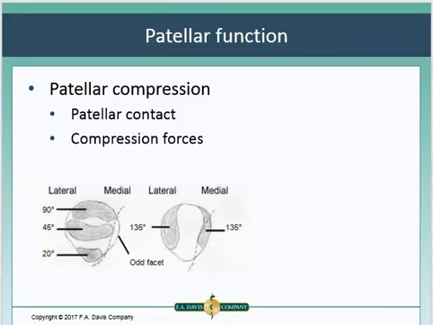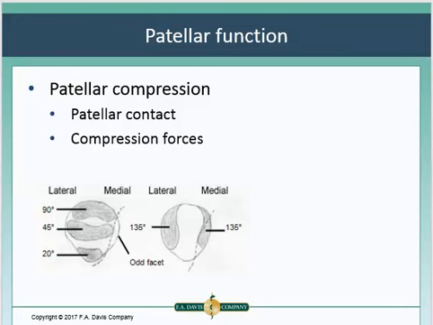So there are some compressive forces on that patella. So again, when the knee is in full extension, there's very minimal contact of the patella on that trochlear groove, but as you start to bend, the forces on that patellofemoral joint increase. Fortunately, you also have an increase in the amount of surface area that is touching between the femur and the patella.